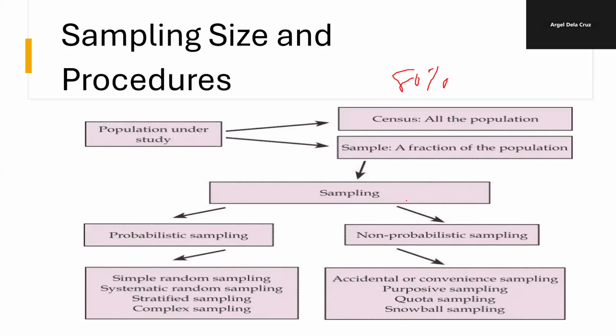Okay? So that is the clearest summary of it. If your population is concerning thousands, it's 400 and above. If your population is 1,000 and below, 100 is our general rule.